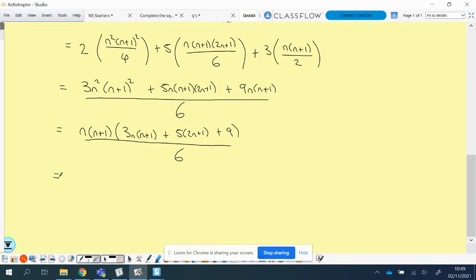And what that yields, if I multiply out the brackets in my second bracket, is n bracket n plus 1, and then 3n squared plus 3n plus 10n plus 5 plus 9, all over 6.